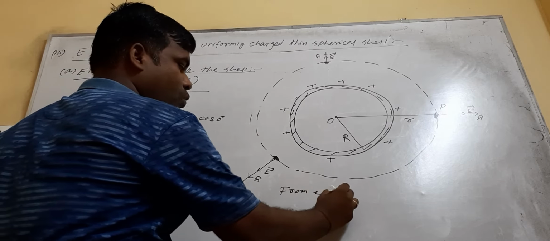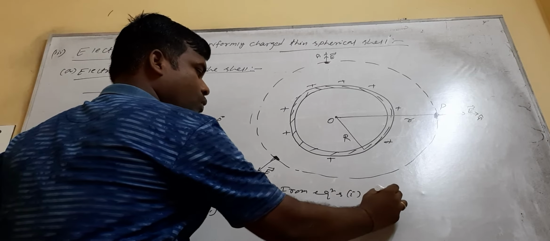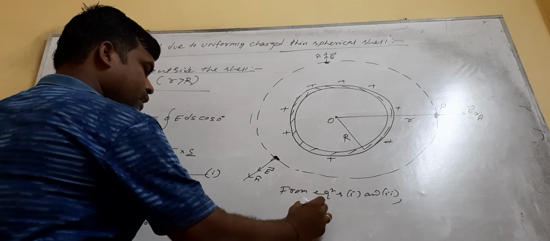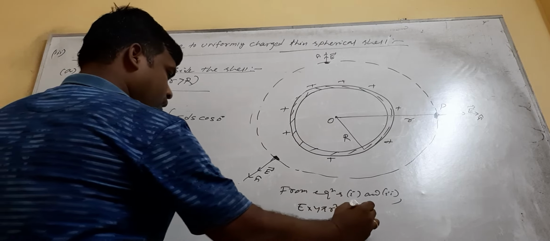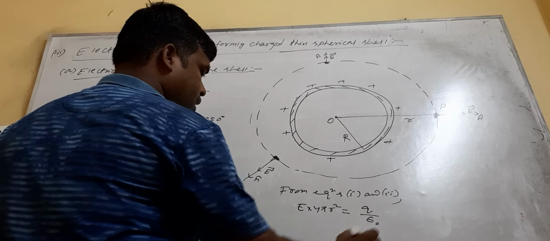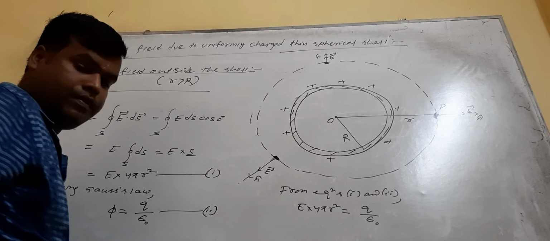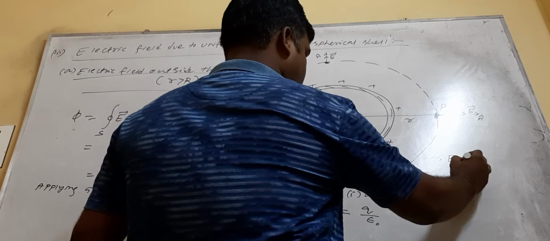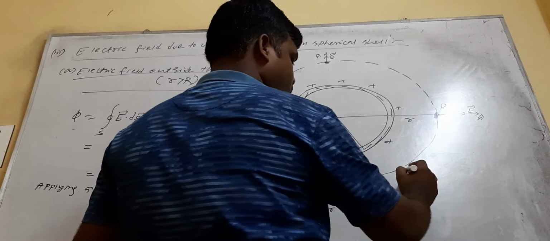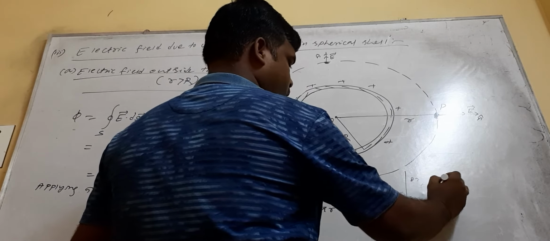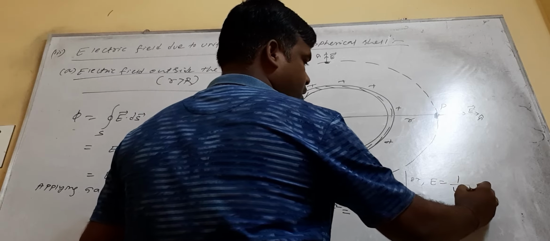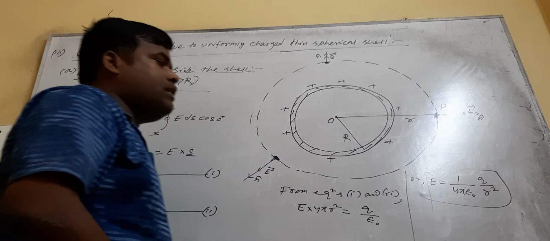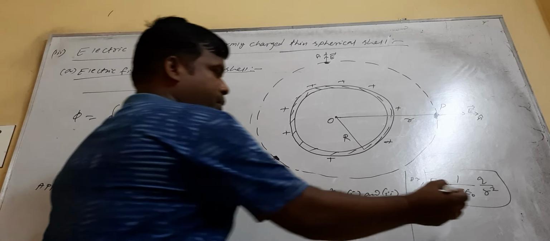From equations 1 and 2, E into 4 pi r square is equal to Q by epsilon 0, or E is equal to 1 by 4 pi epsilon 0 Q by r square. It is your equation number 3.